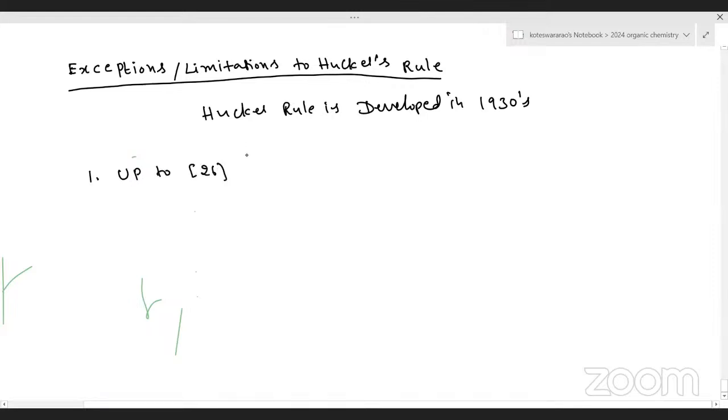up to [C]26 annulenes, all annulenes obey Hückel's rule. That means based on Hückel's rule, we can classify them as aromatic or non-aromatic.